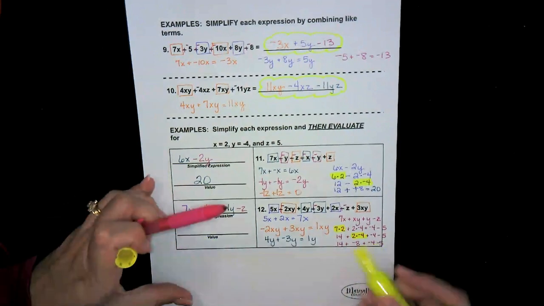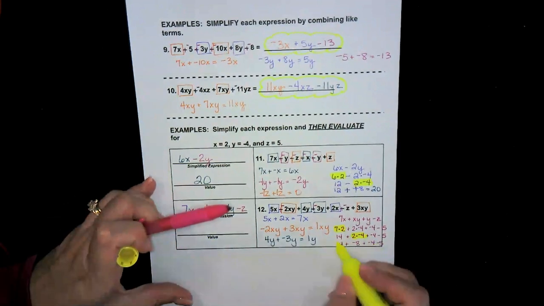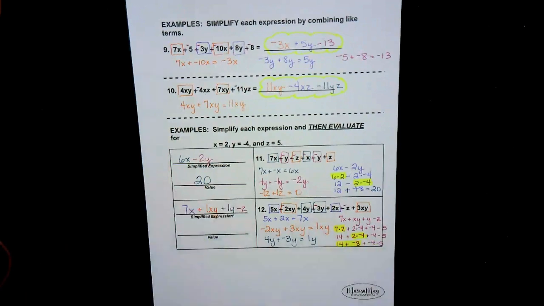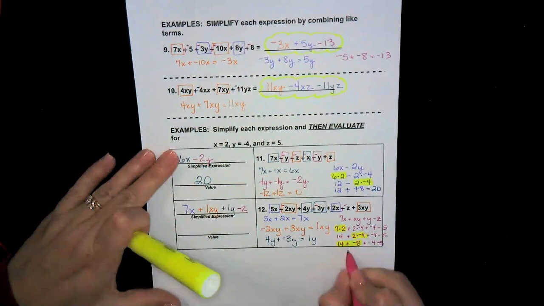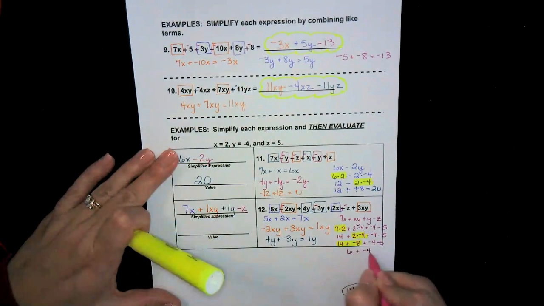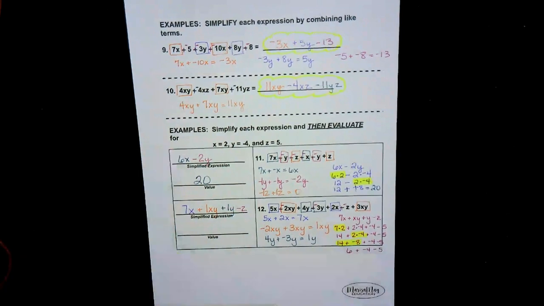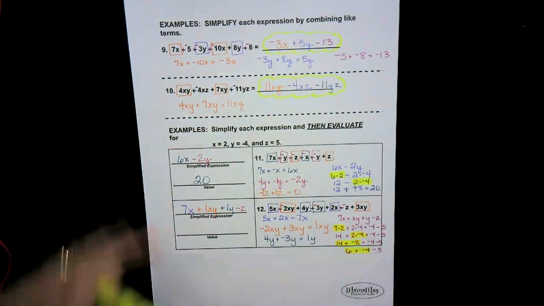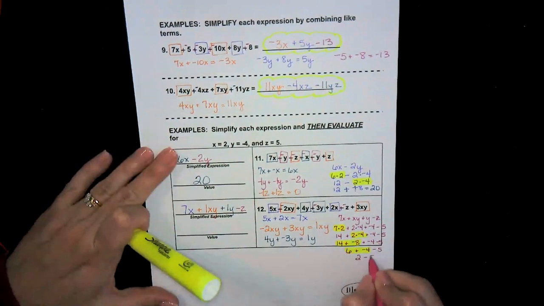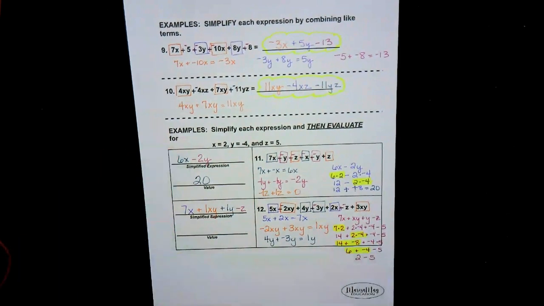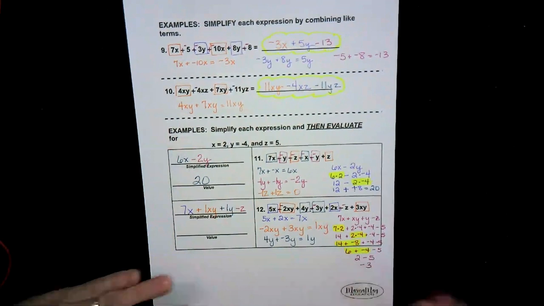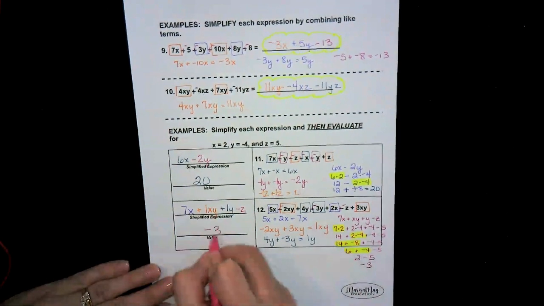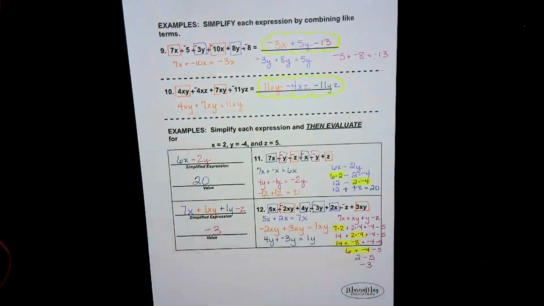And now we're going to add or subtract from left to right. So we'll do 14 plus negative 8. That'll give me positive 6. Then we'll do 6 plus negative 4, which will give me 2. And then 2 minus 5, that'll give me negative 3. And again, use your calculator there if that helps you.